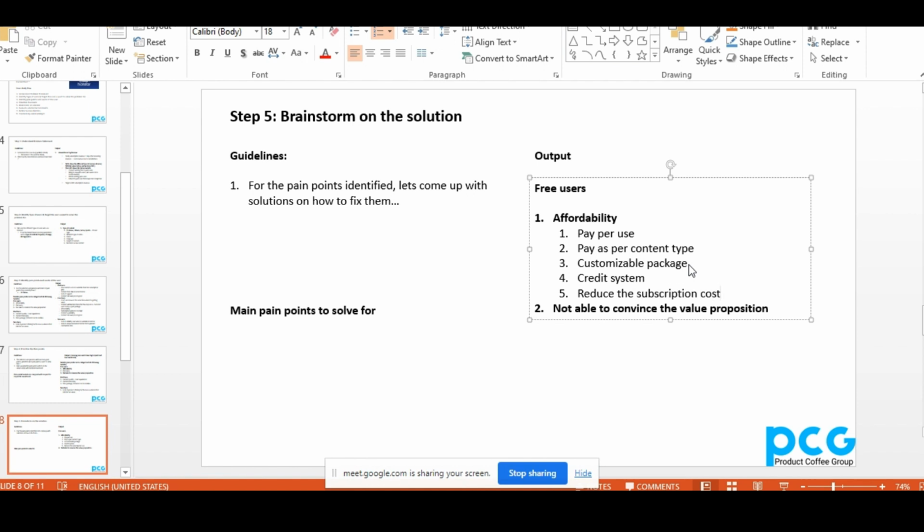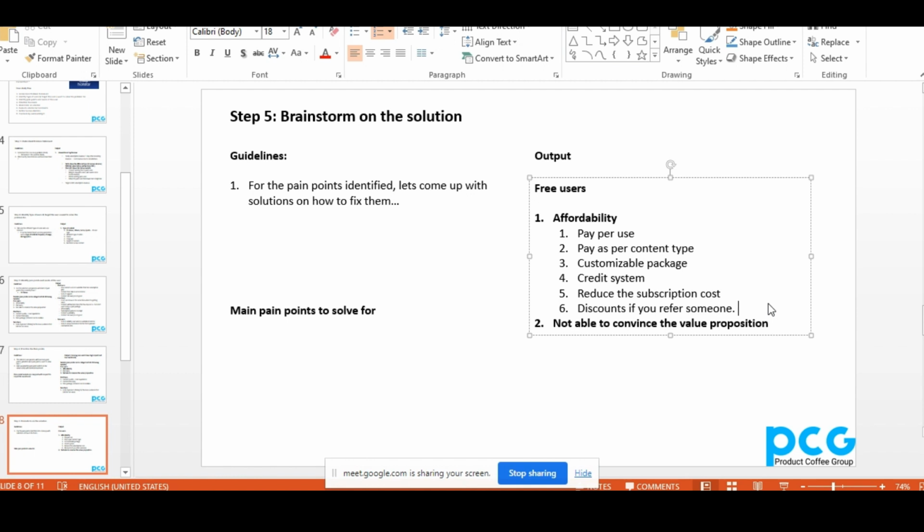Any other thing? Some referral bonus. Okay, so basically discounts if you refer someone. Yes, in essence, it just gets adjusted against the money that you have already paid. Okay, fine.